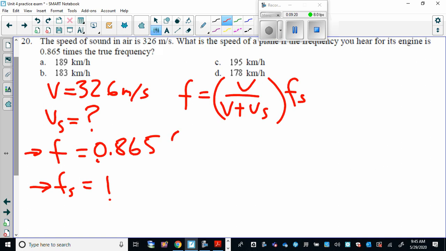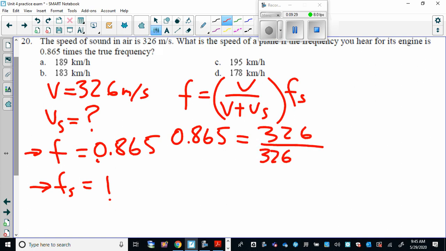So 0.865 equals 326 over 326 plus V times 1. This one worked out quite nicely by just plugging the numbers in, because that 1 becomes completely irrelevant. Then all we're going to do is cross multiply.